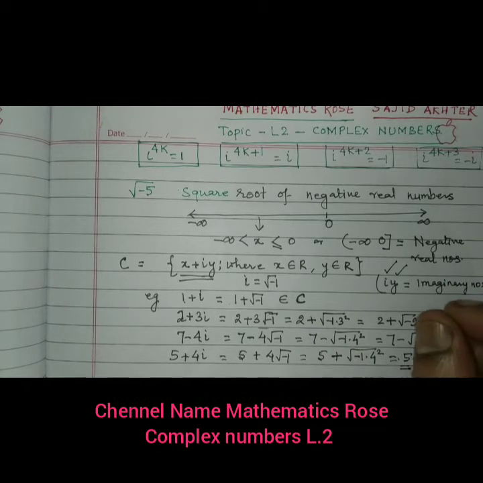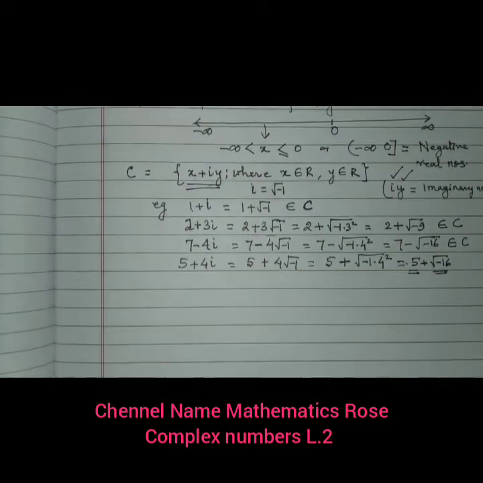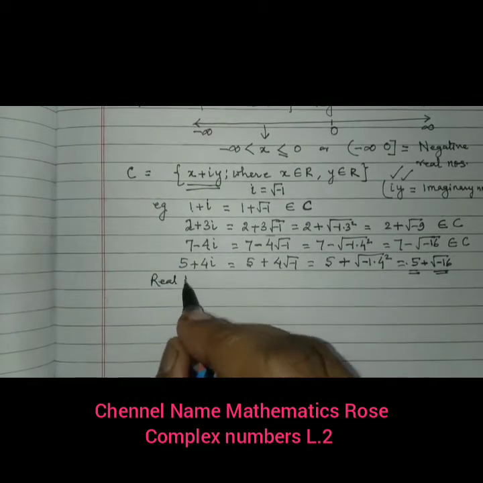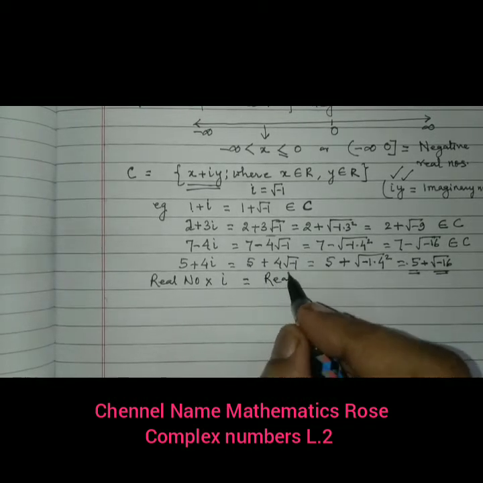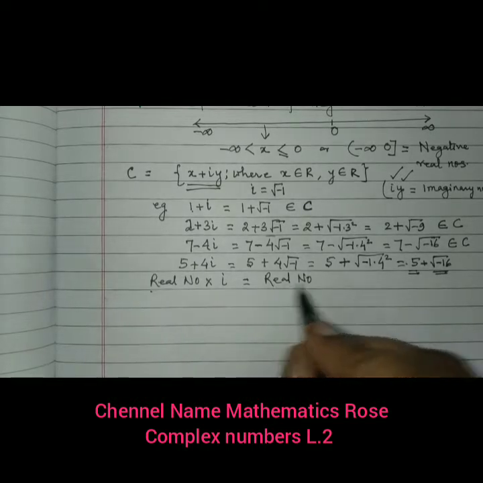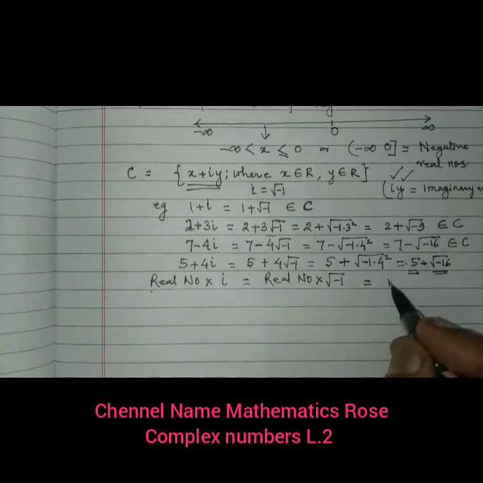So a real number multiplied with the fundamental imaginary unit always gives an imaginary number. Just concluding: suppose I take a non-zero real number and multiply it by iota, that is, a real number multiplied with root under minus 1. It always gives an imaginary number.